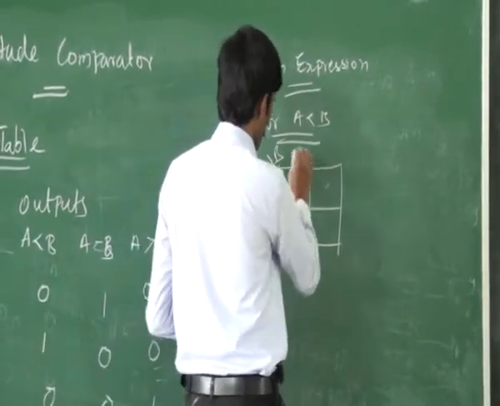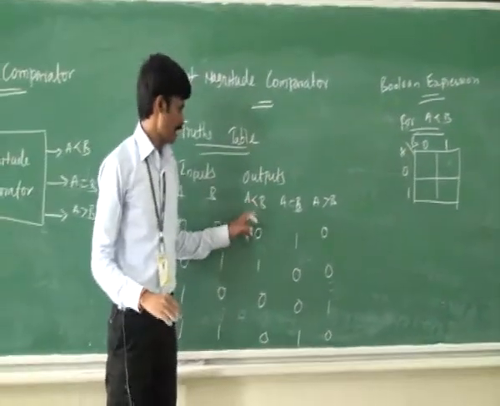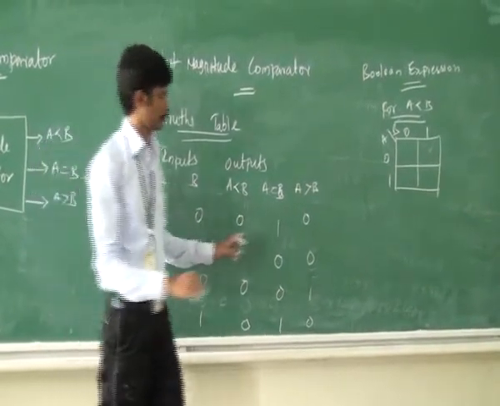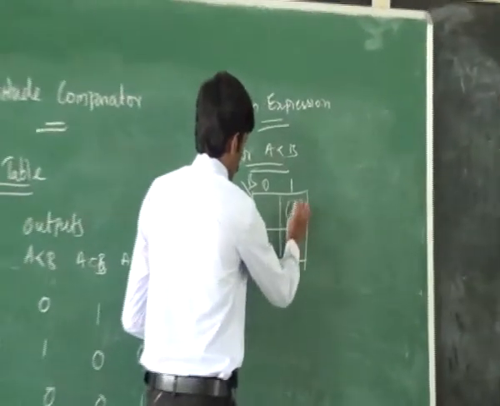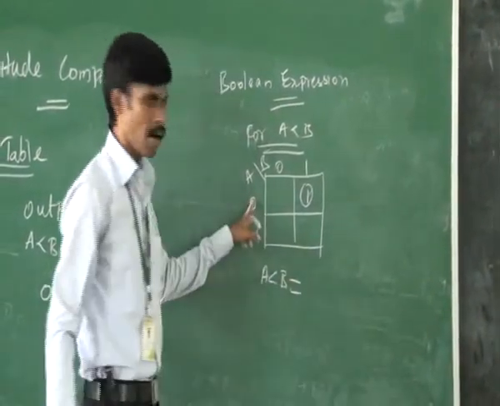A may be 0 or 1, B may be 0 or 1. Here A less than B will be 1 for the input combination 0 1. So the corresponding expression will be A bar B.